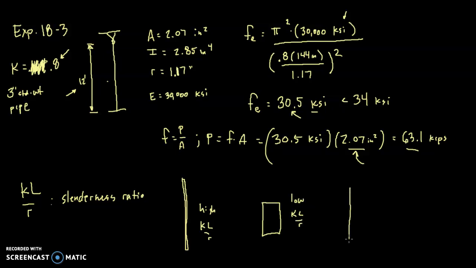Well, if you take a bunch of experimental data and you plot the failure stress against KL over R, what we see is that if we just graph the Euler stress curve, it looks something like this.